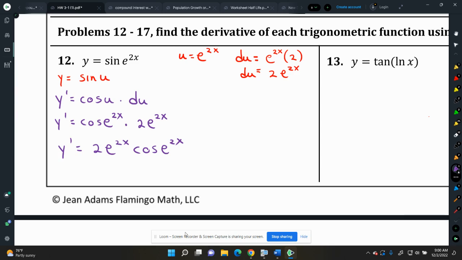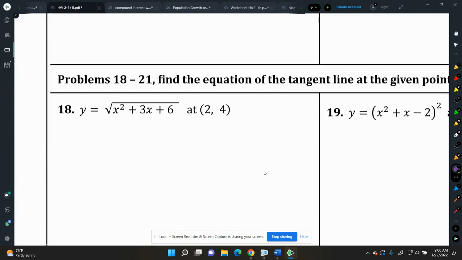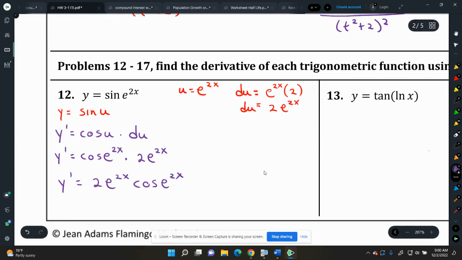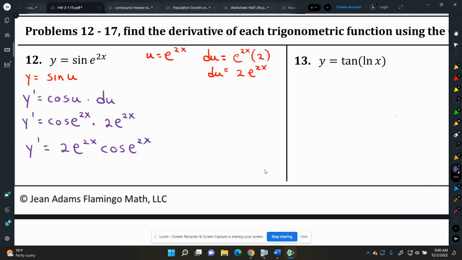Okay, try to do number 13 by yourself. Use the u substitution if you can. Just because we're going to run out of time, I'm going to jump in.